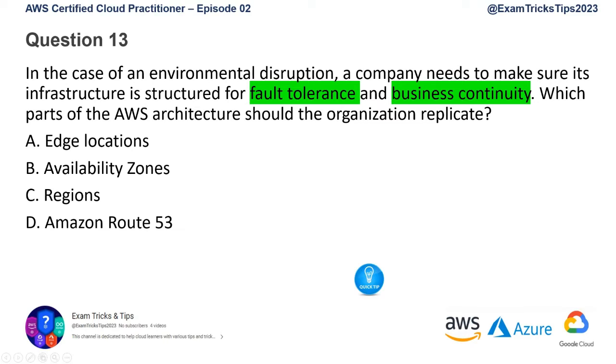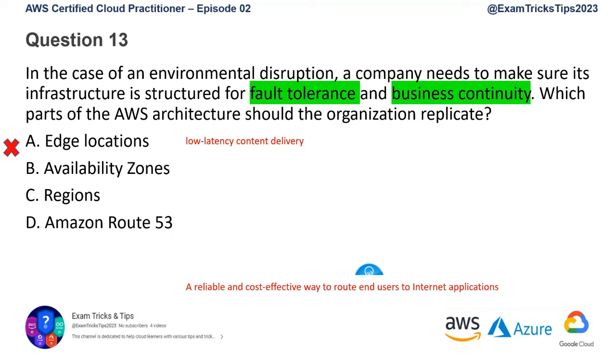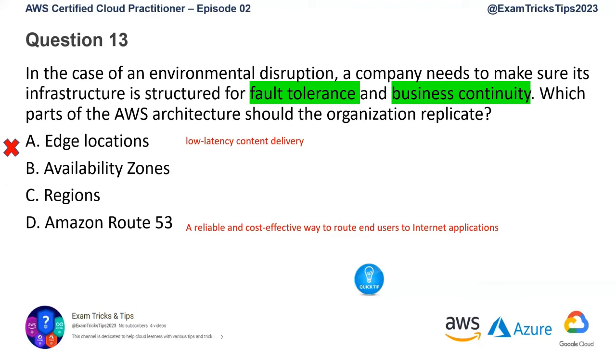If we go one by one, option A, edge location, gives you low latency content delivery. It's not necessarily for fault tolerance. So that's ruled out. Option D is another one that doesn't feel right to me.